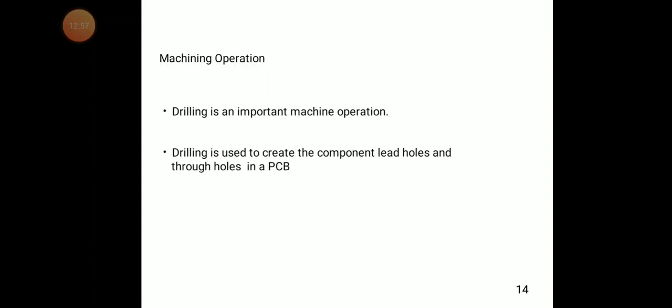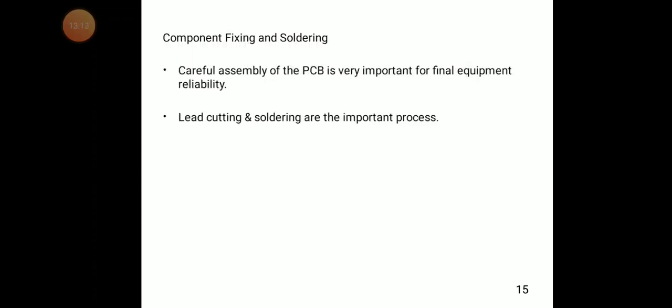At the end, after getting these drilled lead holes and the remaining mounting needs are completed, the final stage of the PCB is component fixing and soldering. Now we fix the components and solder the components.